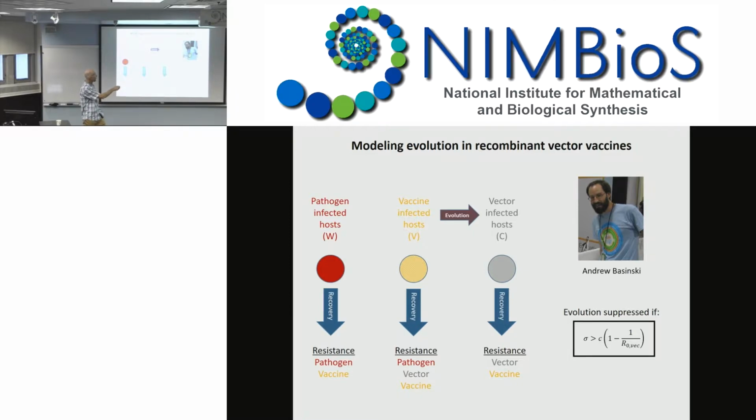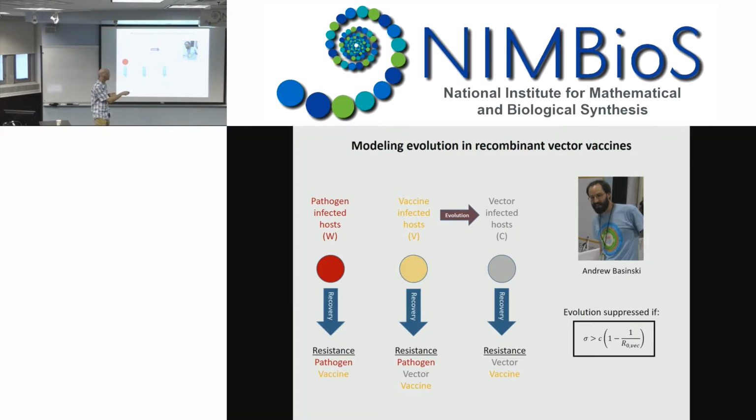But when individuals recover from being infected with the vector itself, if that free vector is in the population because it evolved due to reversion, then those individuals are immune to the vector and the vaccine. And what you can see here is everybody's immune to the vaccine, right? So you've got competition. Once this happens, if you get reversion, then your vaccine is going to be really hard to drive through the population, okay?